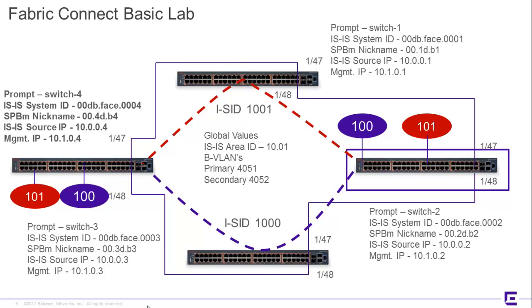Ergo, the primary 4051 is going over switch number 1. Now, we know that an odd ISID is going to follow the primary BVID, so once we complete this exercise, we will see that the transit, the actual Ethernet switch transit for ISID 1001, will be via switch 1, not via switch 2.